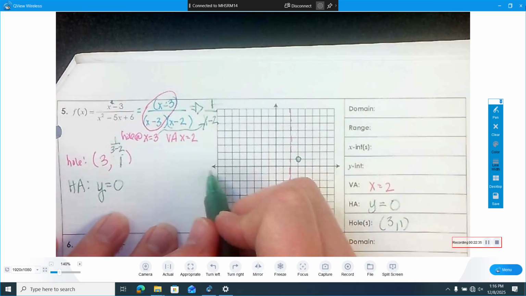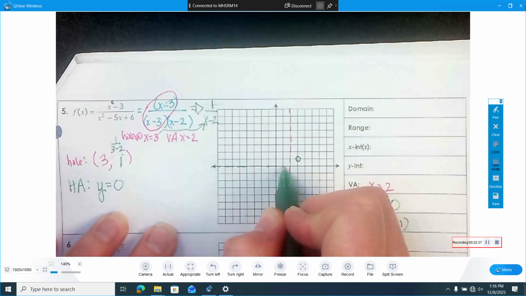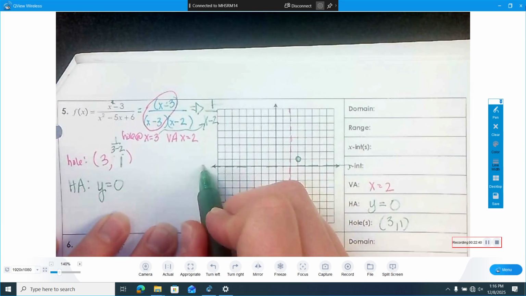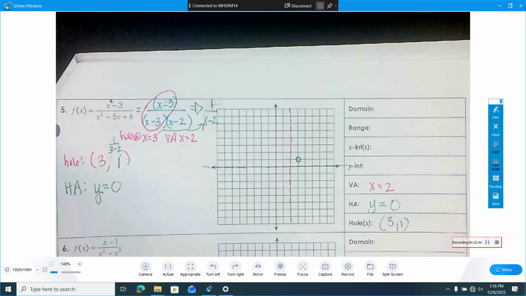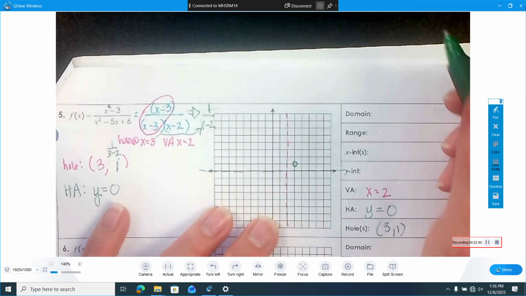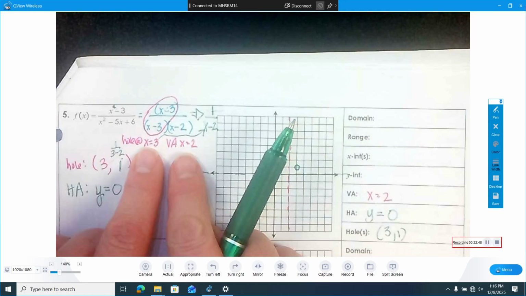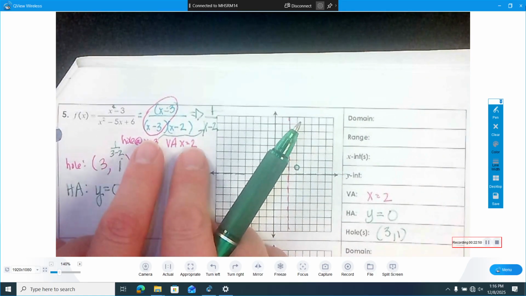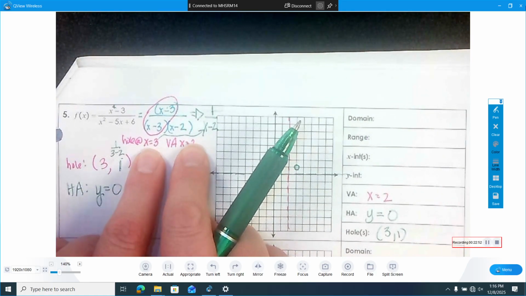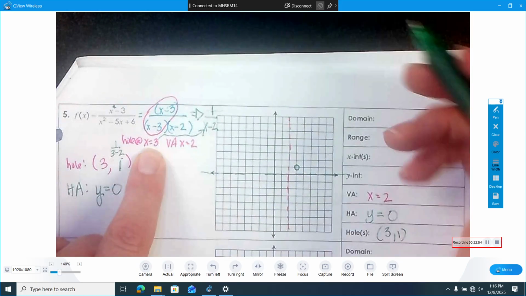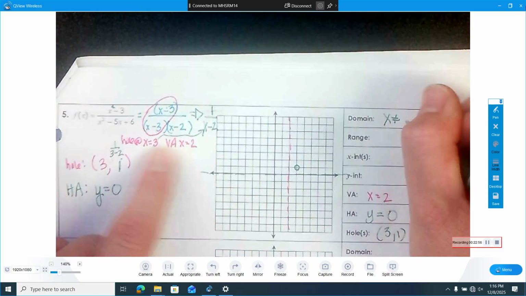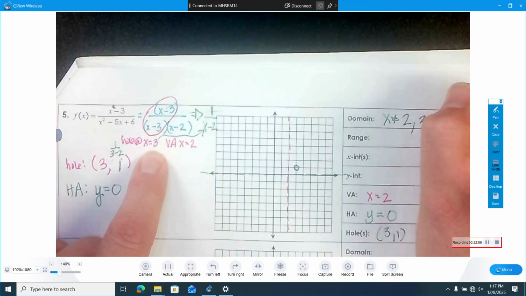So I'm going to draw that. We've got a horizontal asymptote at y equals 0, so that's the x-axis there. All right, I want to go ahead and talk about the domain here. I have 2 things: the denominator domain, so a hole and those vertical asymptotes. X cannot equal 2 and x cannot equal 3.